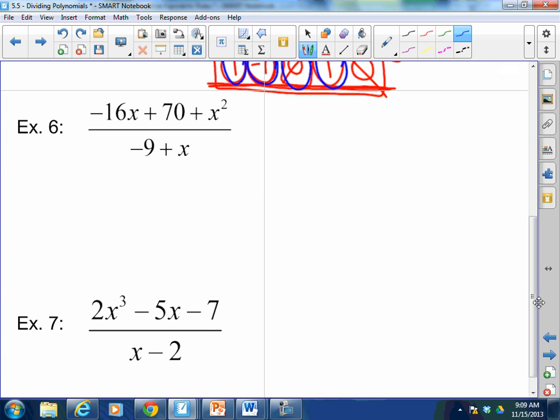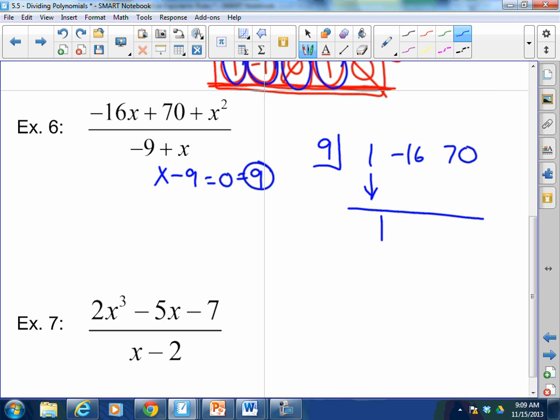So first, let's rewrite this. This would be x minus 9. Set it equal to 0 to find my divisor. So I have my divisor, my backwards L. In standard form, my coefficients are 1, negative 16, and 70. Drop down my 1. 9 times 1 is 9.